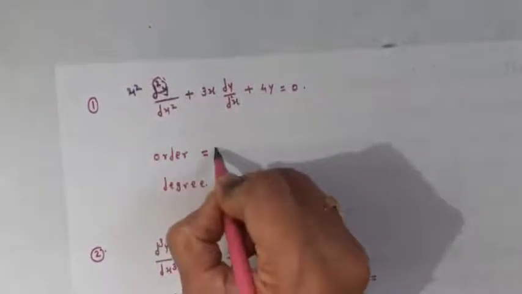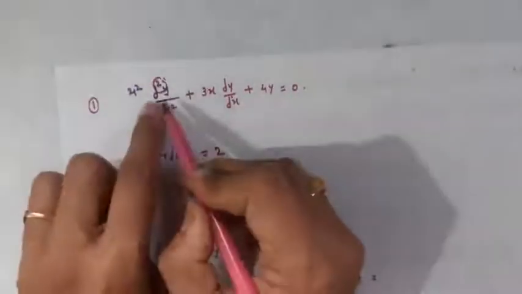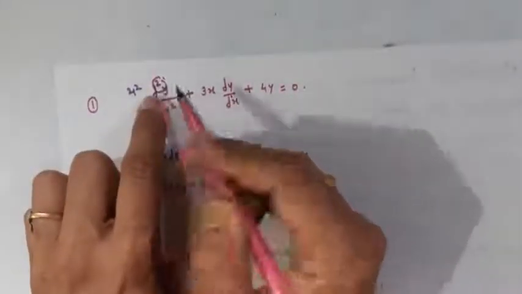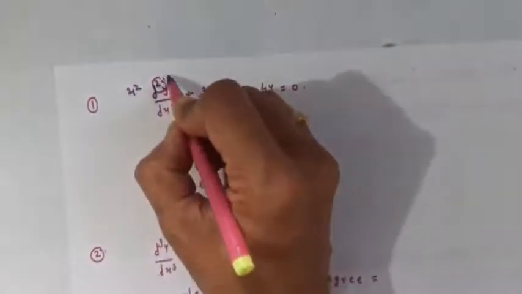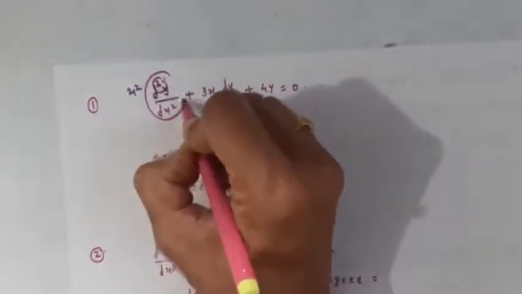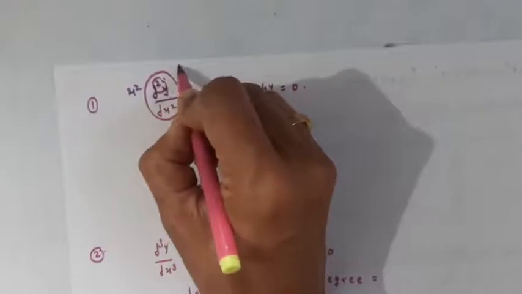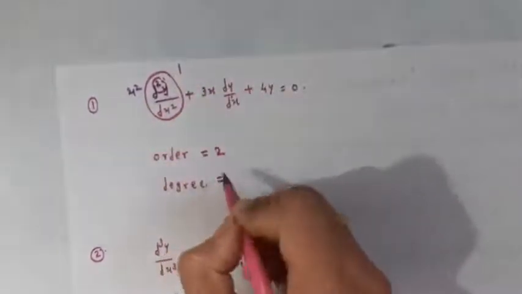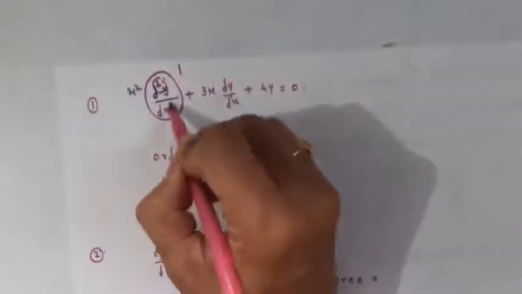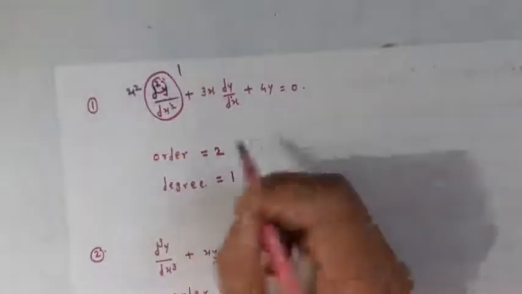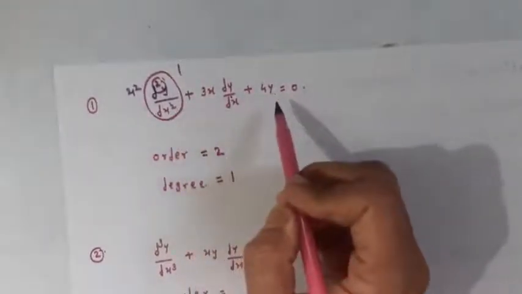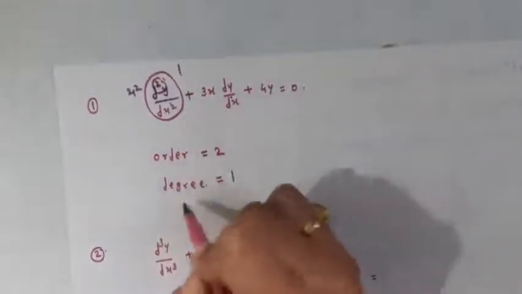And the power of the highest order is 1. Degree means the power of the highest order, and that is 1. Therefore for this differential equation the order is 2 and the degree is 1.